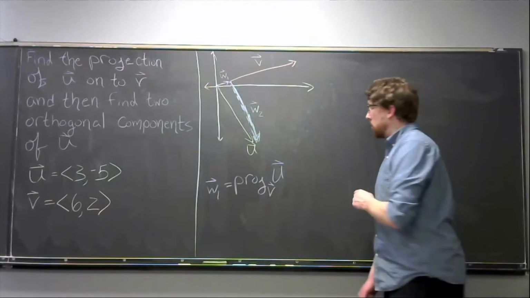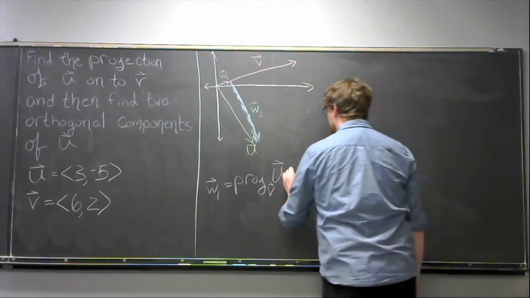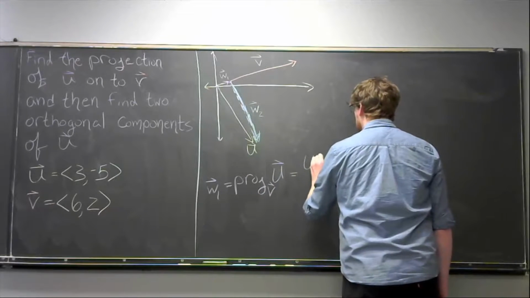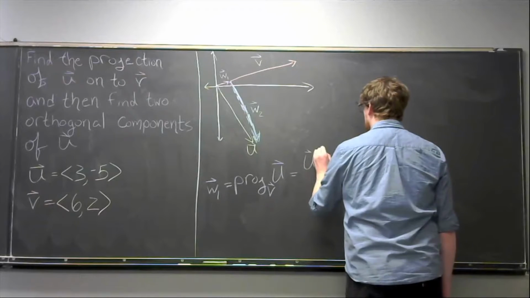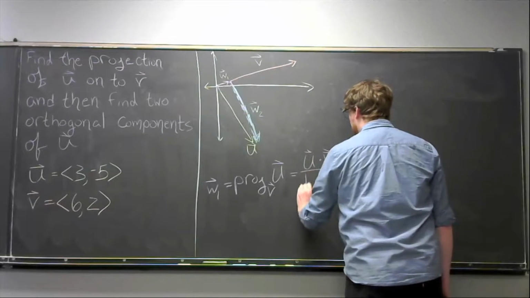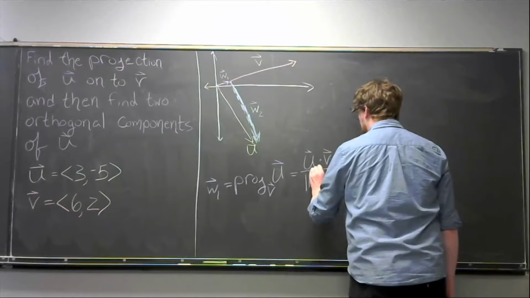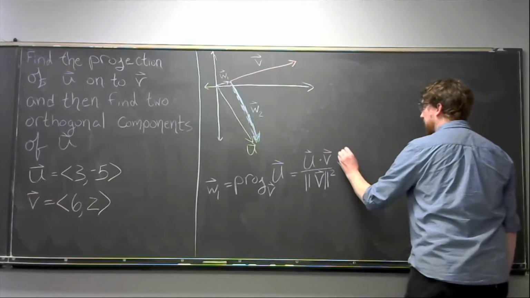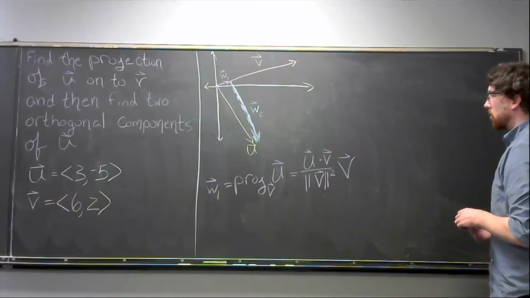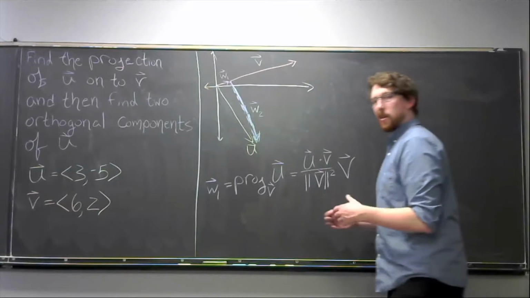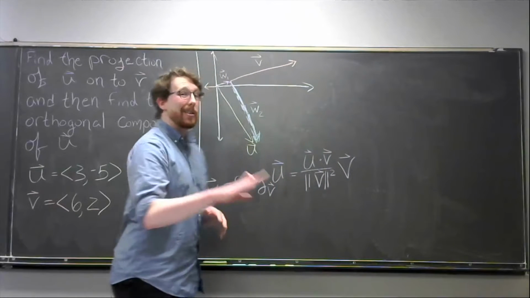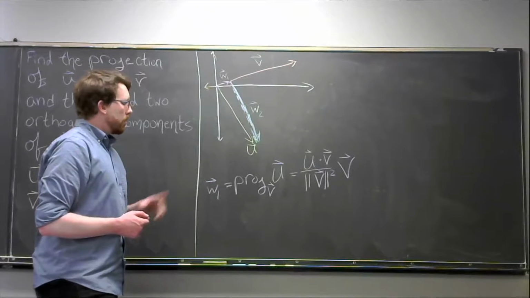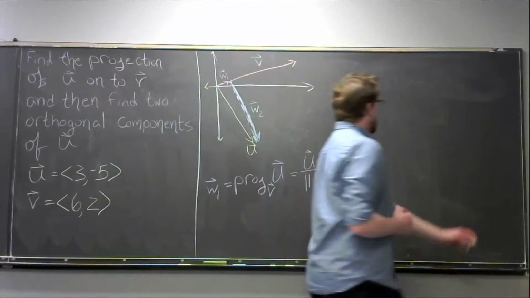And we know that this is equal to u dot v divided by the magnitude of v squared times the vector v. So let's calculate these things. And let's calculate them separately so that we have everything in parts. Start off with u dot v.